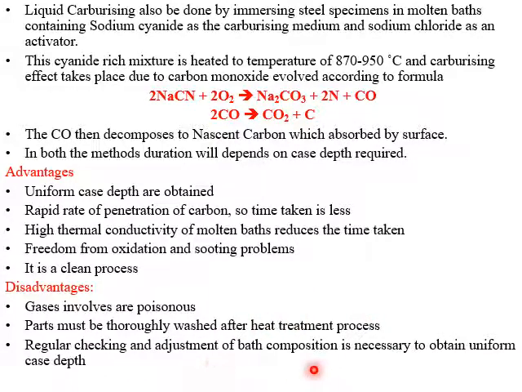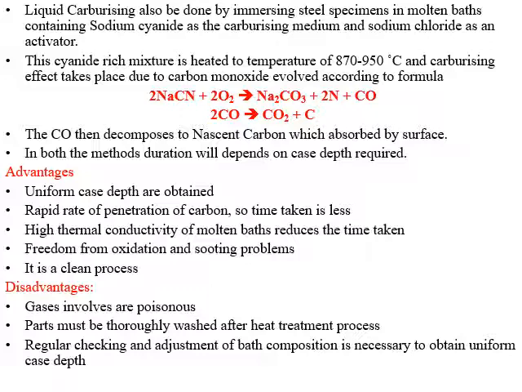Regular checking and adjustment of the bath composition is necessary to obtain a uniform case depth. Say for example, you have prepared one liquid bath and you have dipped about 10 specimens. After 10 specimens, you need to check the concentration of the liquid bath.